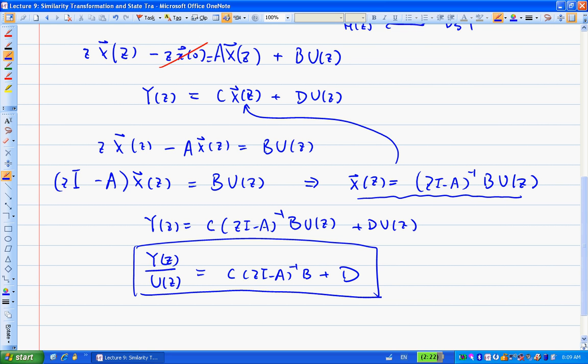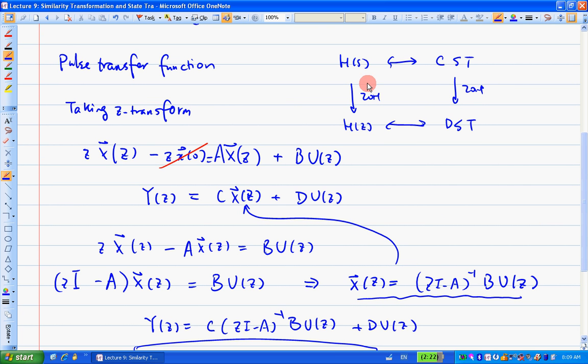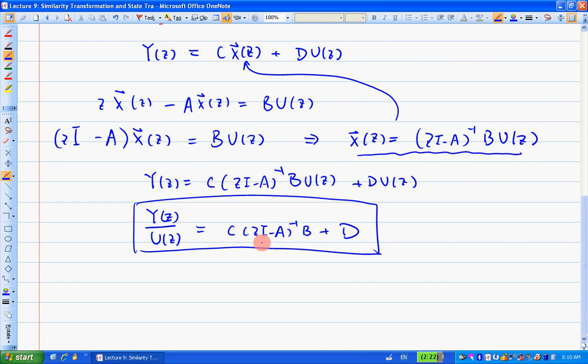And this pulse transfer function is supposed to be the same as the other approach here, the same results from H of s to H of z. From here to here, you should have the same results. Let's say this is representing H of z.